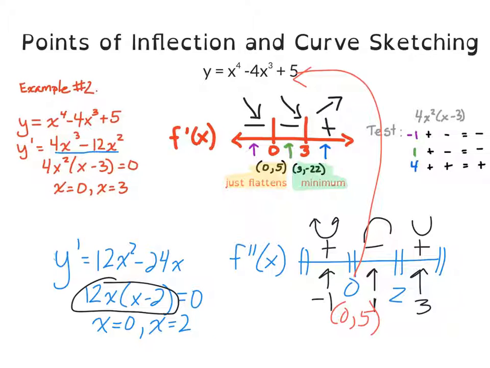And that makes sense because it had flattened out above here. And then for 2, if I plug it back into the original, I'll get 2 to the 4th minus 4 times 2 cubed plus 5, which gives a negative 11. Now let's put all this information together to try to graph the function.